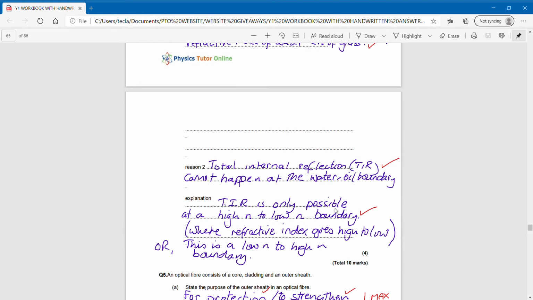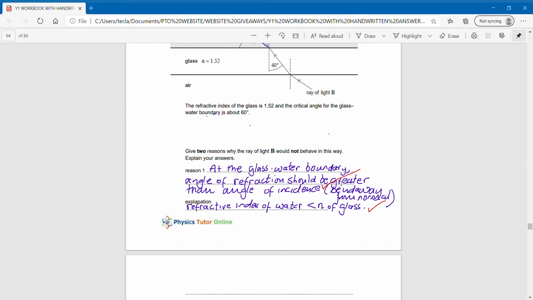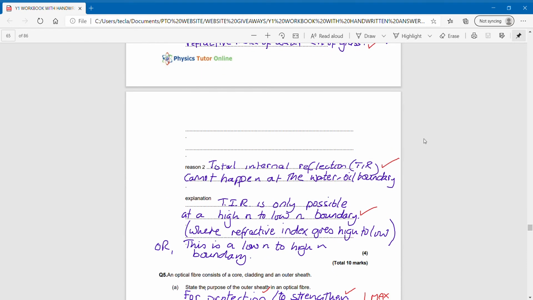Total internal reflection is only possible at a high n to low n boundary, where the refractive index goes from high to a lower value. And this is a low n to high n boundary. So you've got marks here for the reason and for the explanation in both, so that gives a total of 4 marks.